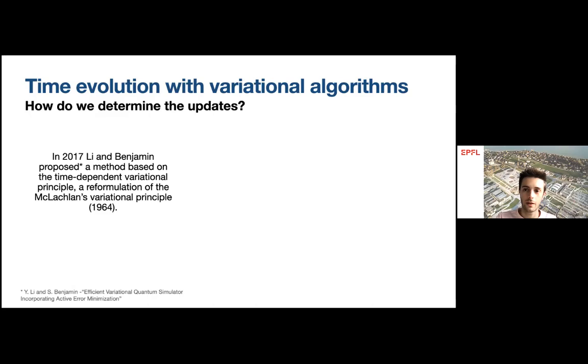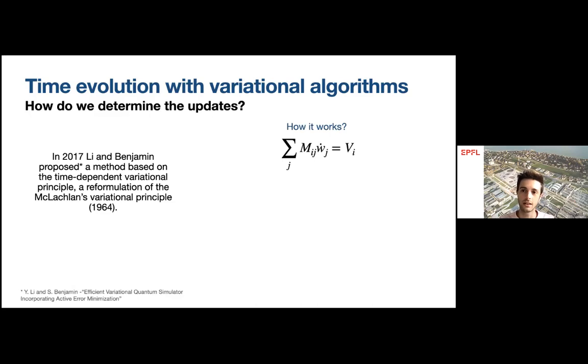And I'm stressing it because the initial variational principle was proposed for classical simulation of quantum systems. So back in classical simulation of quantum systems, we had the same problem. We had to parameterize our wave function and then find a way to update our parameters to reproduce the property that we want. And so how does it work?